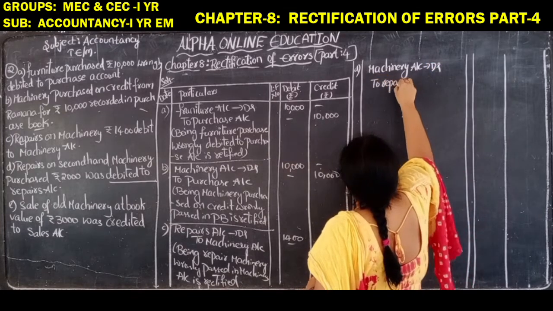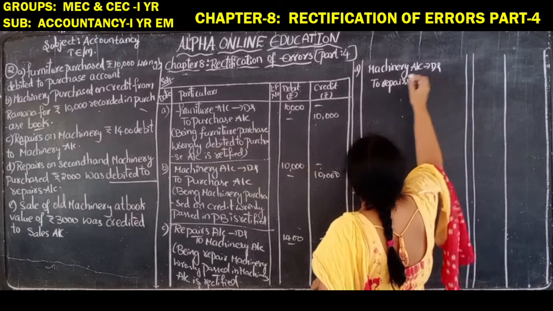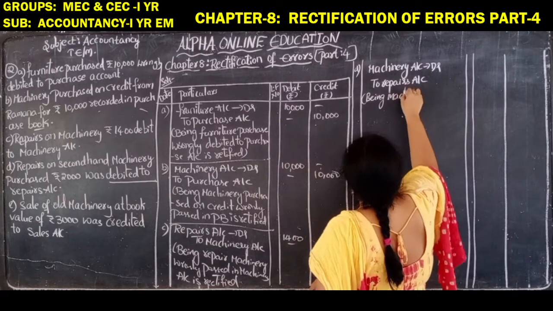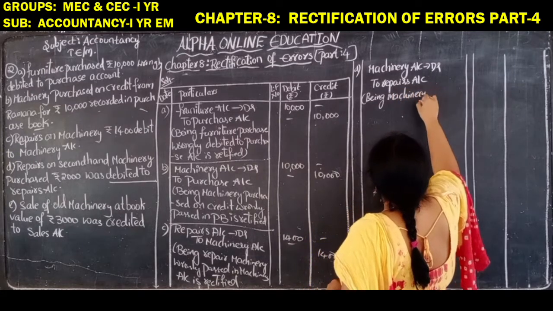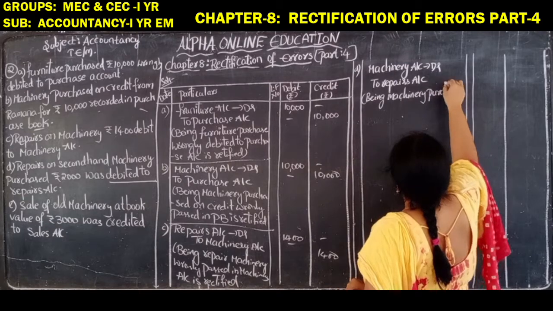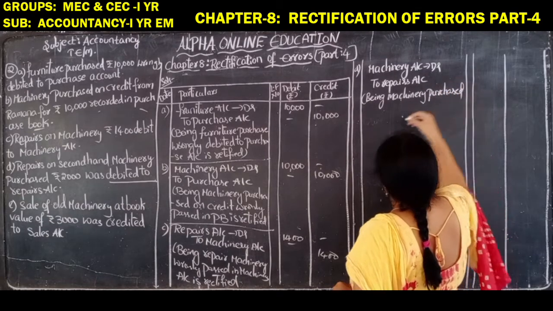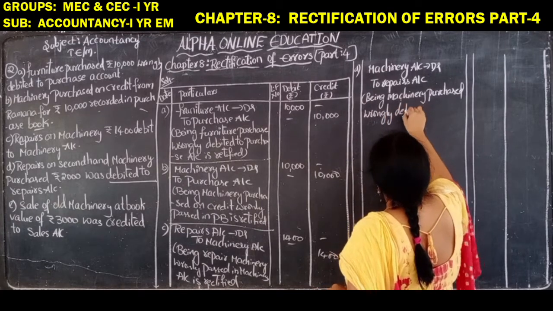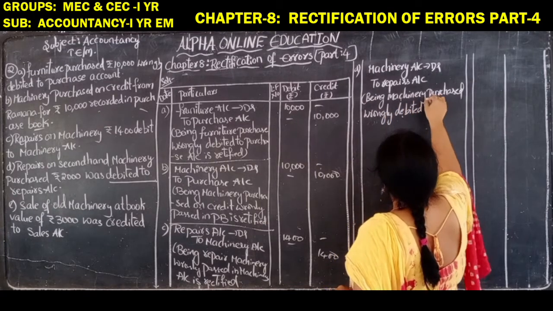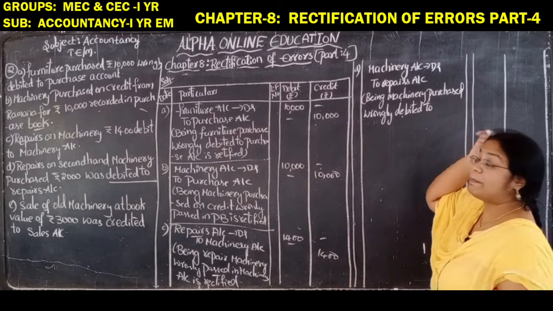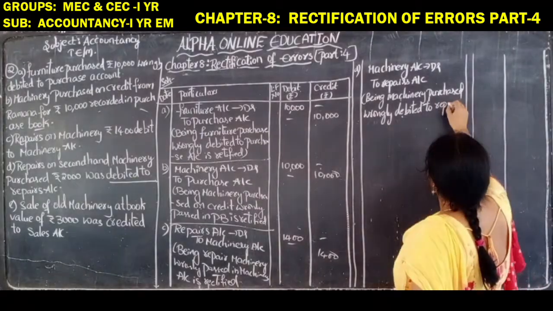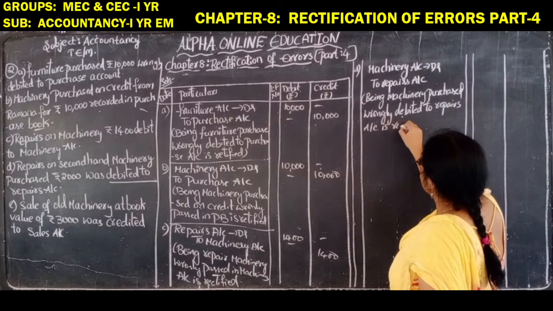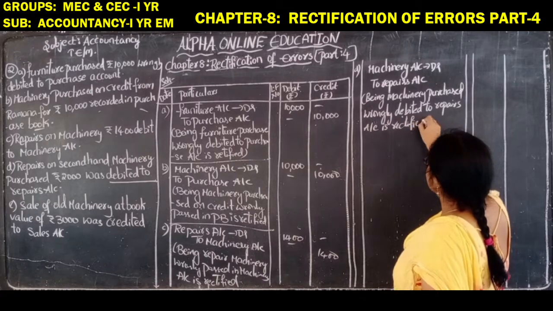Write the narration: being machinery purchased wrongly debited to repairs account is rectified, which means we have done the correction for that.